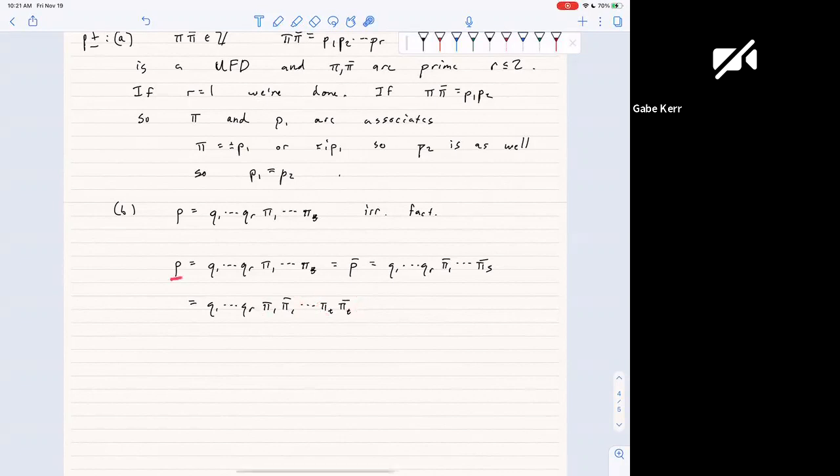P is a prime integer, so that means there's only one of all of these. If it's an integer, then P is just a prime and it's irreducible. It's a Gauss prime, and doesn't have any other Gauss prime factors. If it's not a Gauss prime, then it's going to be one of these products.